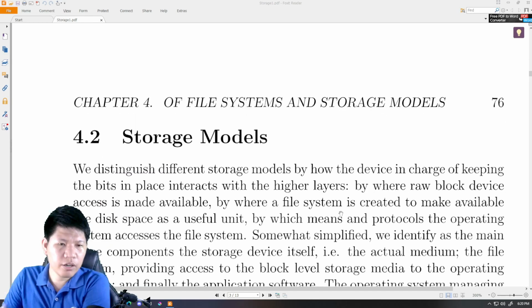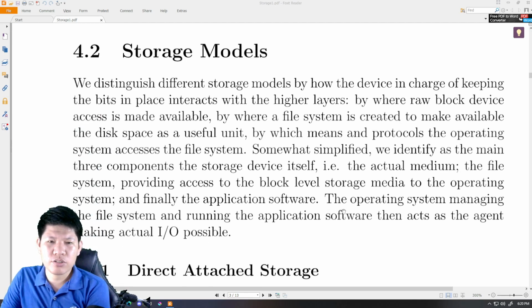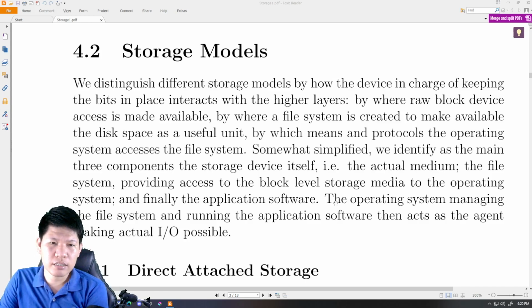For storage model, we distinguish different storage models by how the device in charge of keeping the bits in place or intact with the higher layers, or by the raw block device access is made available, by where a file system is created to make available these spaces as a useful unit, by which means and protocols the operating system accesses the file system.